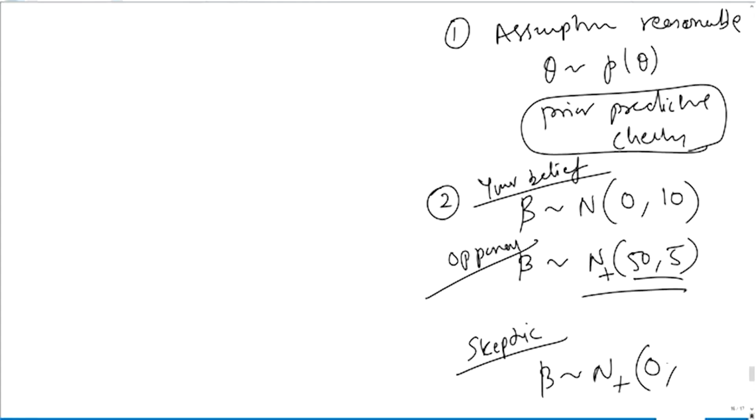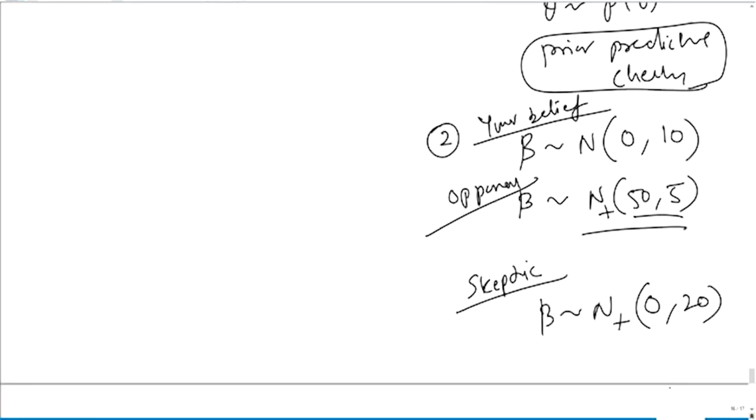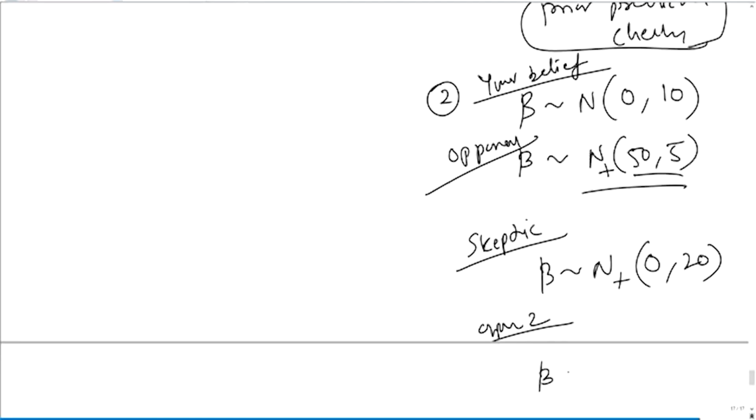So, let's say it's normal 0, 20 or something, which allows beta to be between 0 and 40. And there could be someone else, opponent 2, who thinks completely the opposite, says that beta is strictly negative and could be anywhere between 0 and 40. So, these are different beliefs about the parameter theta, which you can specify as prior distributions.